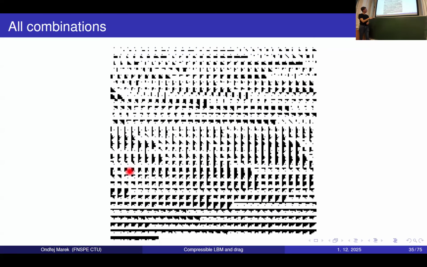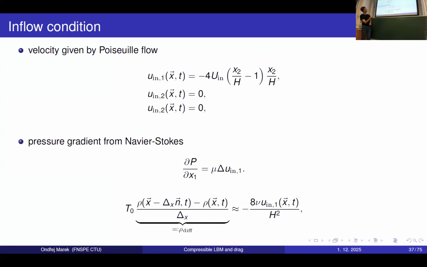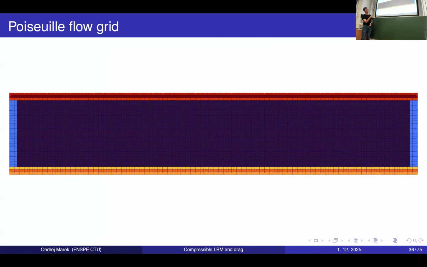Basically, what I'm looking at is this. It's very small, but there are the ones where there is 1 row of walls, 2 rows, or 3 rows of walls, here at the top and here at the bottom. And so this was the boundary condition for the wall.